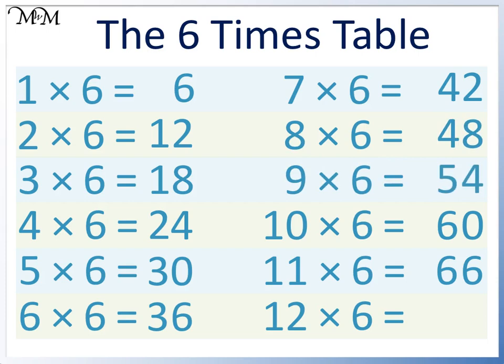We can also remember the 9 times table trick, where every digit in the 9 times table adds to make 9. 5 plus 4 equals 9.